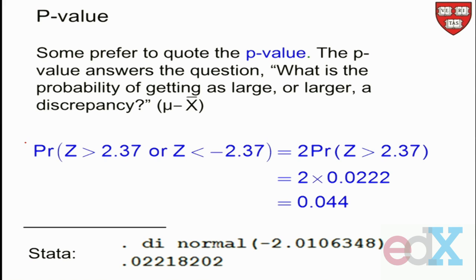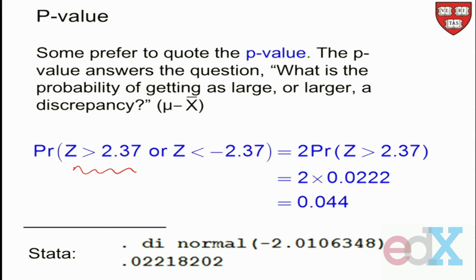So the question is, what is the probability of getting a deviation as large or larger than 2.37 after we standardize? Because this is two-sided, we want to know the probability that our standard Z is bigger than 2.37 or less than minus 2.37.